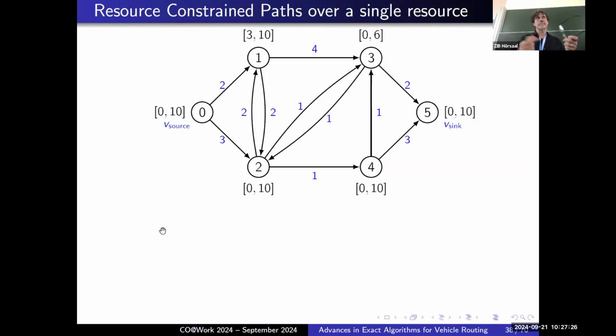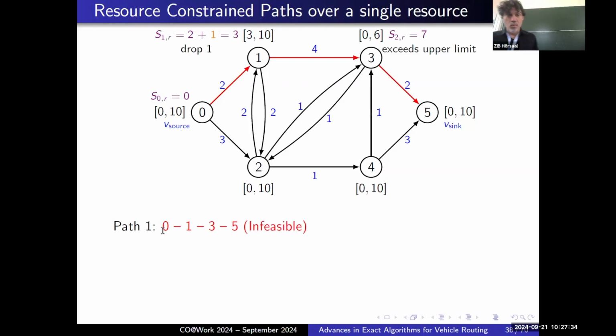So let's check some paths here. This one, is this path feasible or not? It is not. Why? We start here, the accumulated consumption is 0. We traverse here, we consume 2 units of resource, but here the interval starts at 3, but it's okay. We can drop 1 unit of resource.